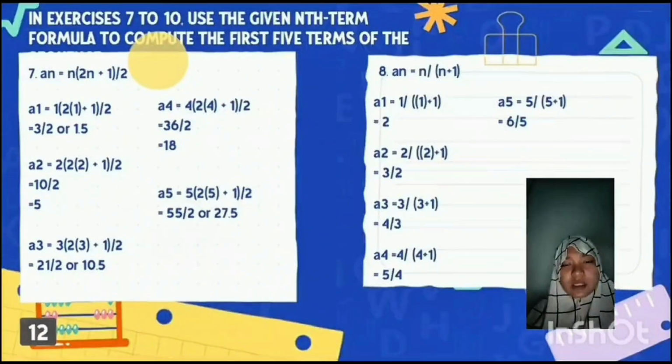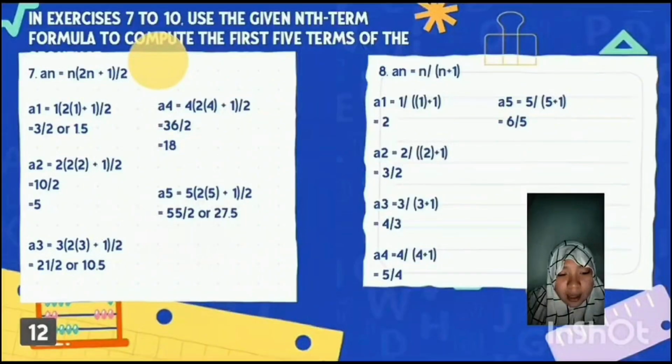Yun ang sagot. It's either sa dalawa. So on. Meron dito number 4 and number 5. Ganun lang siya gawin. Papalitan nyo lang ng number, i-times, i-plus, i-times, i-divide. Kung ano yung sagot yun. Pero if cannot be siya, fraction. Yun ang answer.